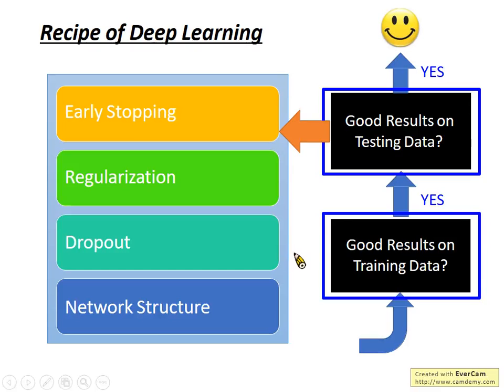So now we have finished introducing 5 different tips to increase training accuracy. As we said before, if you train your model very well, then your training accuracy may be high.